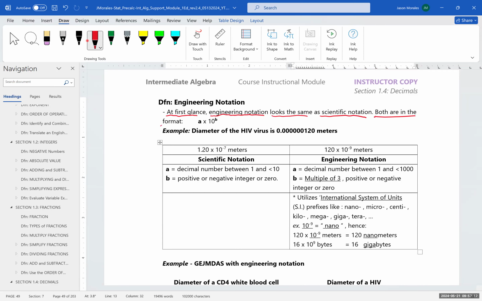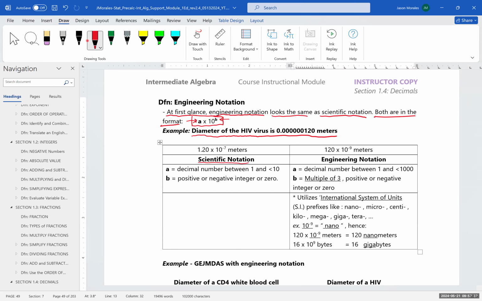Both are in this scientific notation format, where you've got some decimal a times 10 to an exponent b. So let's differentiate between scientific notation and engineering notation using the diameter of the HIV virus that we've looked at before.